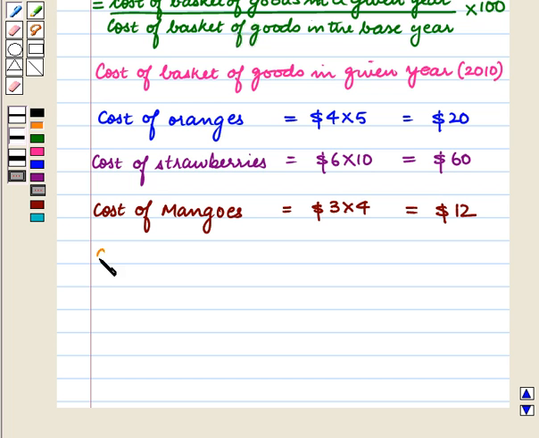So, the total cost of basket of goods in the given year, that is in 2010, is equal to $20 plus $60 plus $12, which is equal to $92.